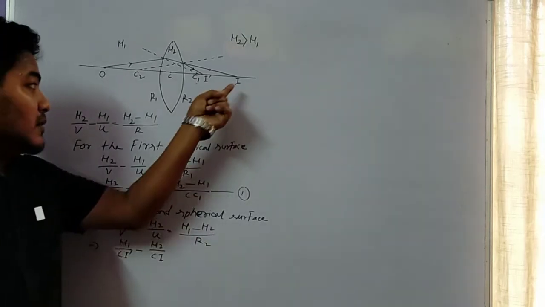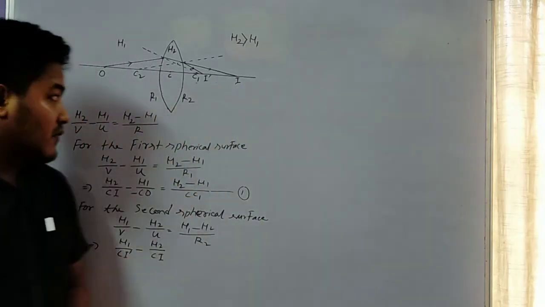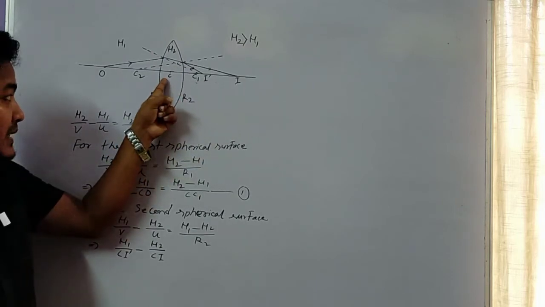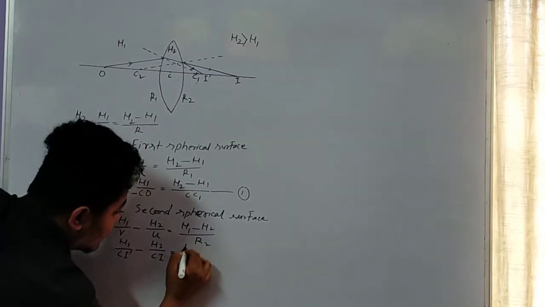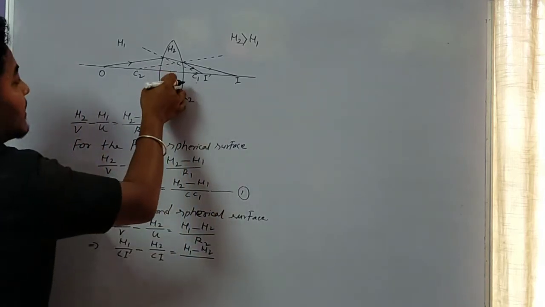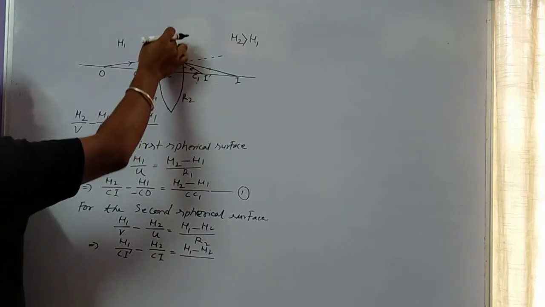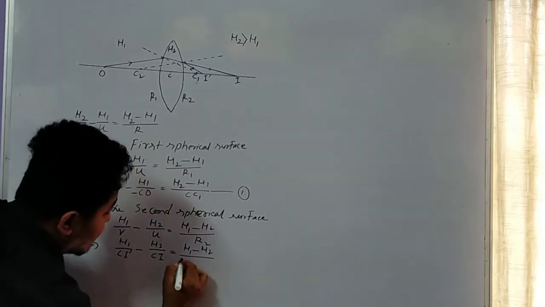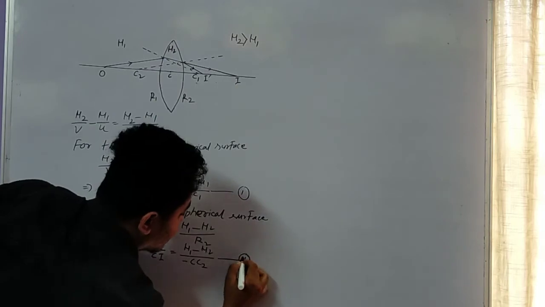I told you that the image of the first spherical surface behaves as the virtual object for the second spherical surface. So for the second spherical surface, the object will be CI and the image will be CI dash, is equal to mu1 minus mu2 by r2. What is this r2? Radius of curvature for the second spherical surface, CC2, on the left side, minus CC2. This is the specification for the second spherical surface.